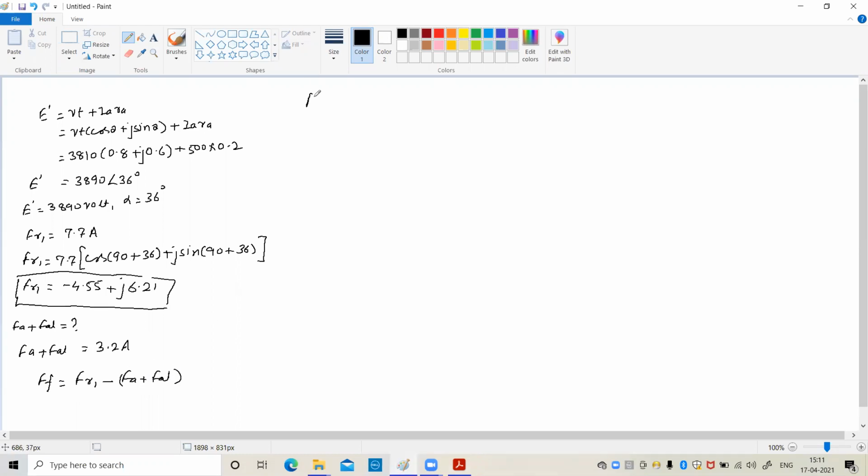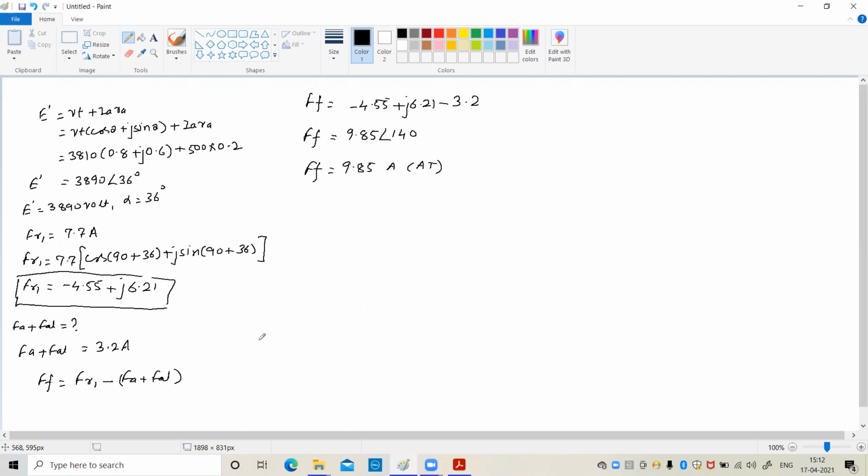So put these values. FF is equal to minus 4.55 plus J 6.21 minus 3.2, and the value of this is FF equal to 9.85 at an angle of 140. We need only the magnitude of FF. So FF is equal to 9.85 ampere, or you can write it as ampere turns.